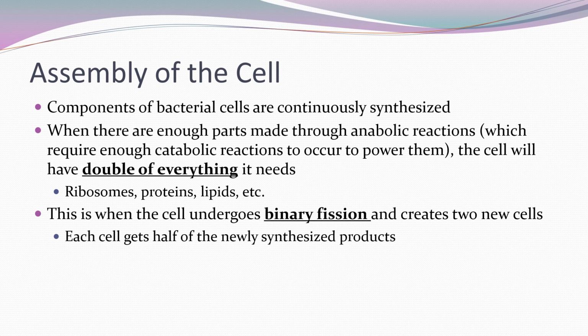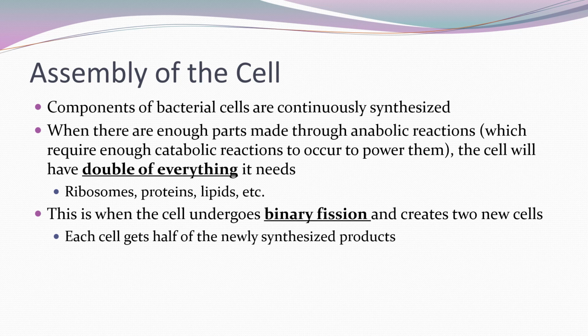So what might a microbe need to build? For bacteria, what they're going to be building is all of the components of that cell. And the reason that they do this is once they hit double of everything inside the cell, it's going to trigger something in a bacteria or prokaryotes in order to go through binary fission.